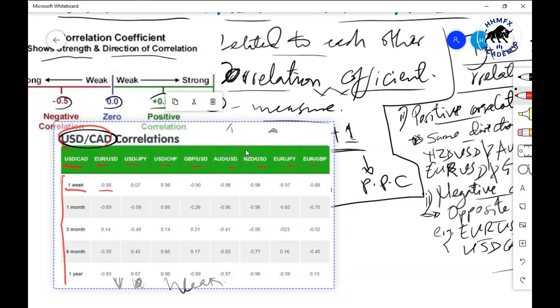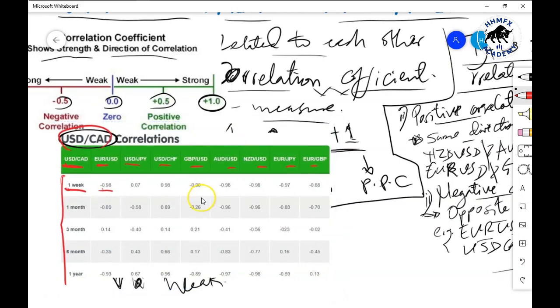So now in a weekly time frame we have a negative 0.98 correlation between USDCAD and EURUSD. But as you are moving to higher time frames, in the monthly, the correlation decreases, then in 3 months it also goes down, then it goes up again in the yearly time frame, where it has a negative 0.93. But the strongest one is in the weekly.